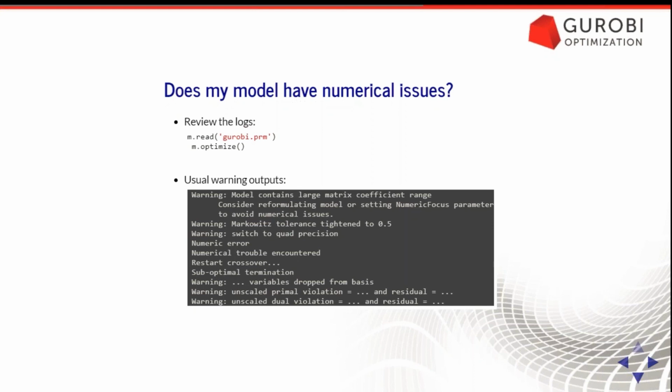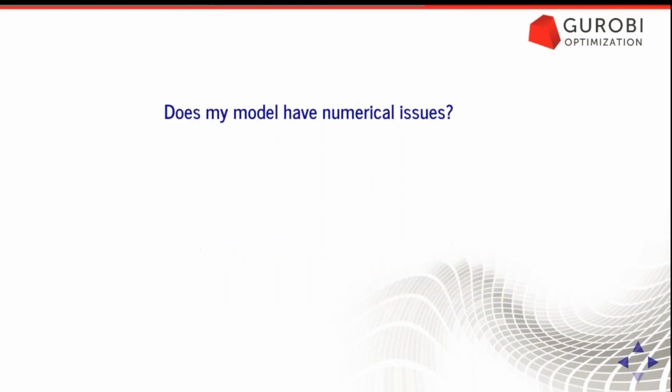The warning variables dropped from the basis is just another warning saying that the Simplex is struggling with your problem. Unscaled primal dual violation, all that comes again from working in your original model. It means that Gurobi is not able to satisfy the tolerances that you ask for this given problem. So all those are strong signals that you should think about looking in detail at what's going on.